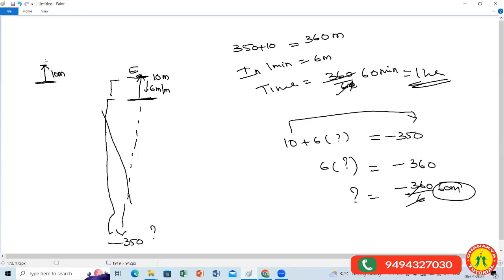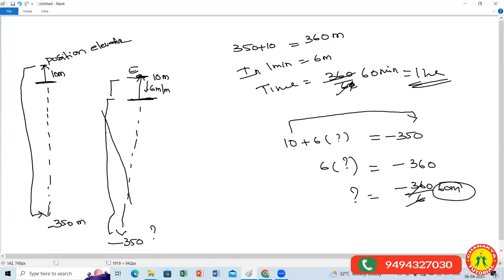Here is the position of the lift, the position of the elevator. Now they are asking the question from that place to 350 meters below the ground. Why? Because below the ground they measure the distance as negative. From this position to this position, how much time does it require?